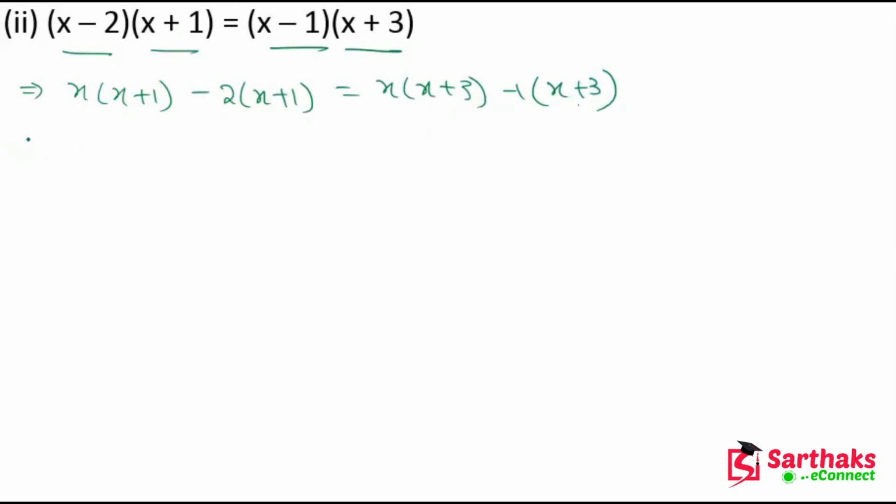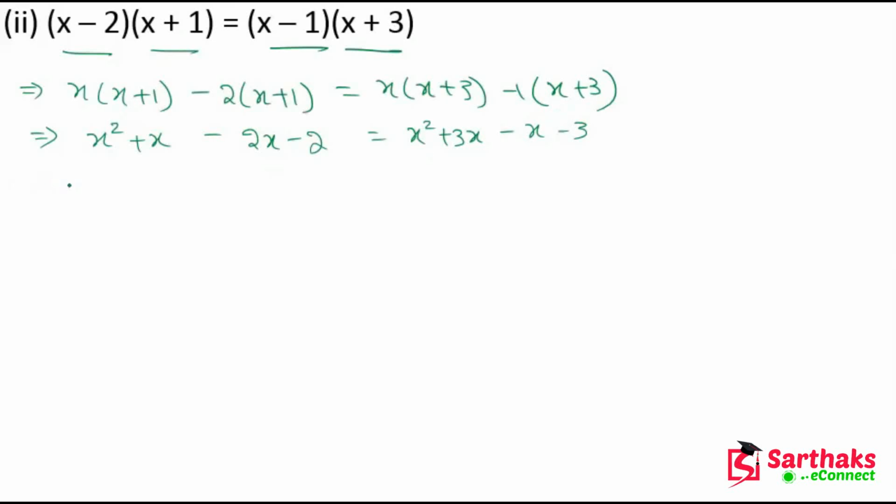Then if we solve it, x square plus x. If we multiply x into the bracket, then we get this minus 2x minus 2. This is equal to x square plus 3x, and this is minus x minus 3, because if minus 1 is multiplied into the bracket, then all the signs will be changed.